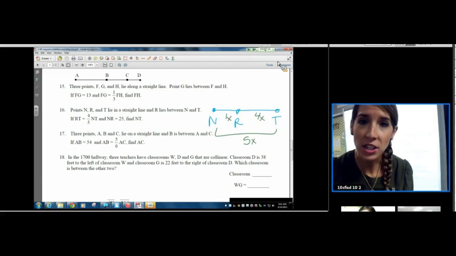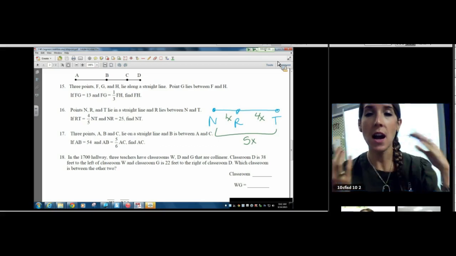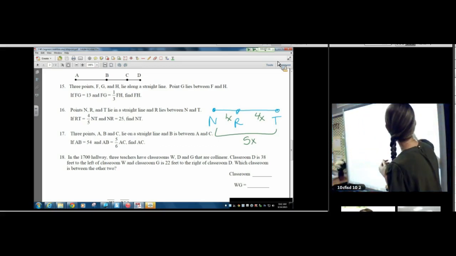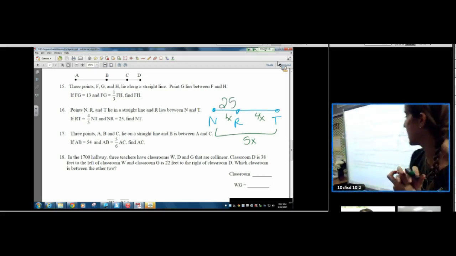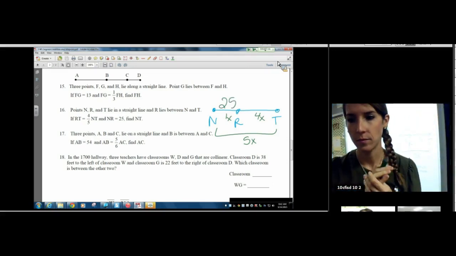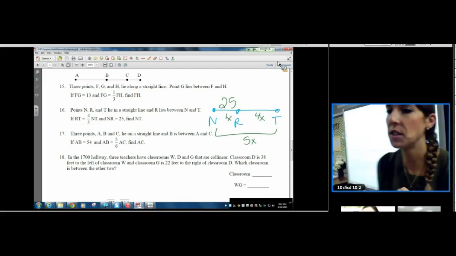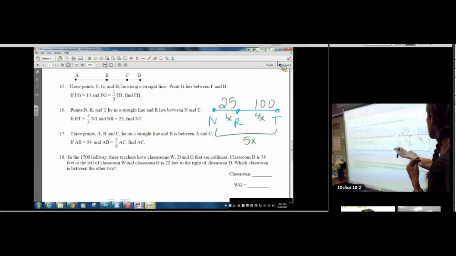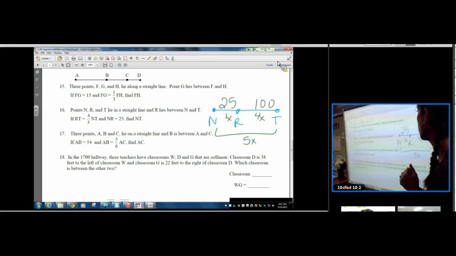So when I see a fraction like that, I'm splitting it up and I'm assigning it to the segments. NR is 25. Find NT. All right, so if 1x is 25, then 4x is 100, and then the whole thing is you add them up, 125.